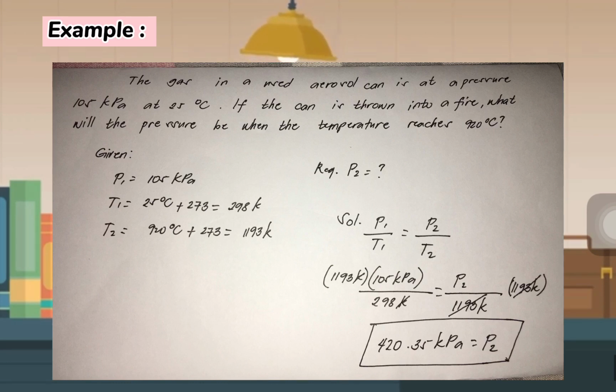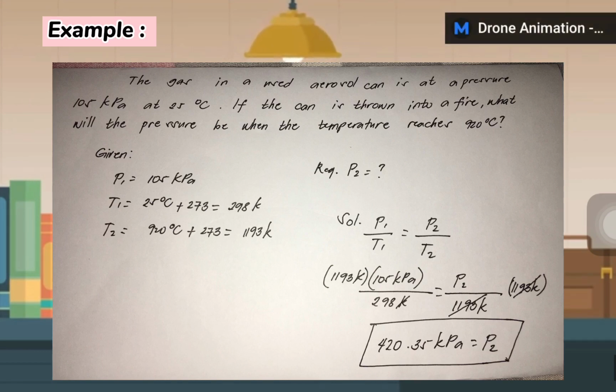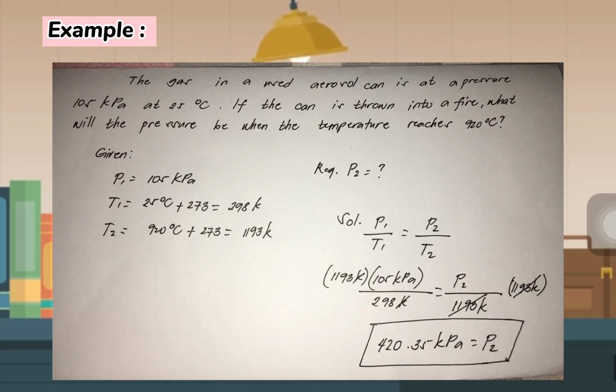To get the value of the second pressure, we have to use the formula P1 over T1 equals P2 over T2. So substitute the following. We have 105 kPa over 298 Kelvin equals P2 over 1193 Kelvin. To get the value of the second pressure, we have to cancel out 1193 Kelvin.